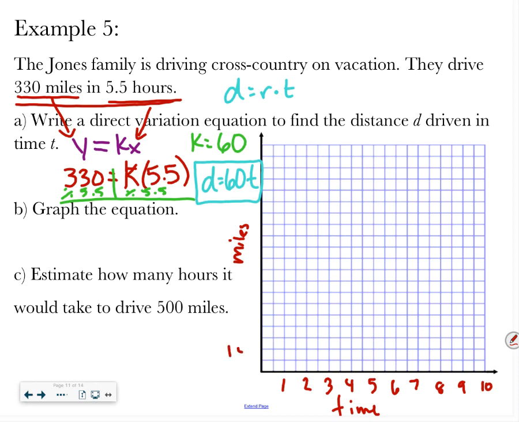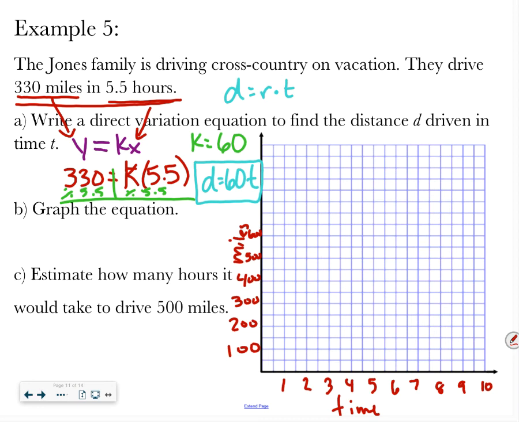So then 100 miles, 200 miles, 300, 400. Okay, that should be enough labels to help figure this out.